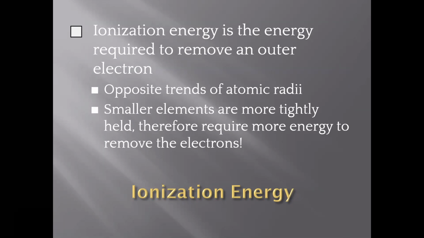A different atom could have a different amount of energy required to remove that outermost electron, and that's partially because of how big or small that atom is. So if an atom is really big, it's probably not going to take a lot of energy to remove that outermost electron, versus when an atom is really small, it takes a lot of energy to remove that outermost electron.